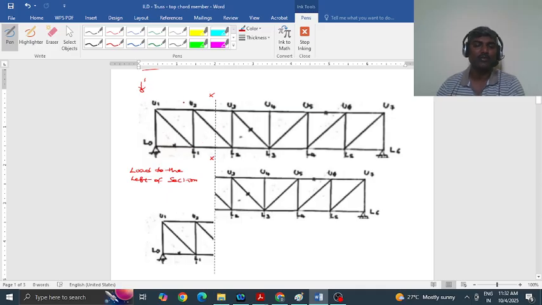When the load is to the left, you have to take any one part for analysis, either the left part or the right part. As the load is to the left, I choose the right part.